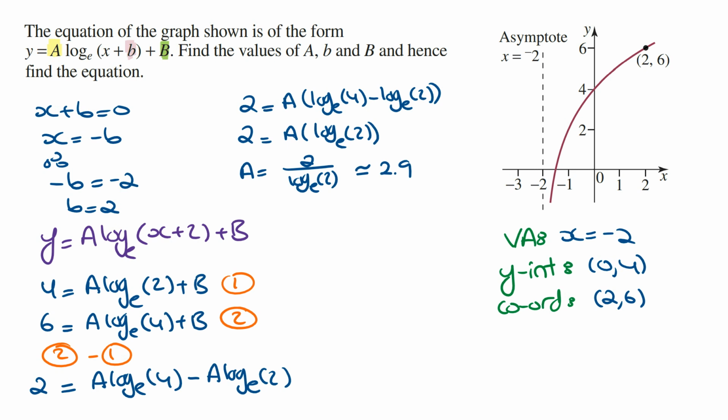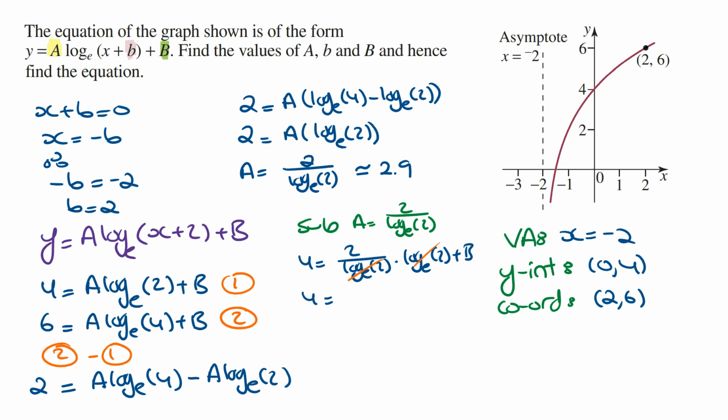Now that we have the value of A, we can substitute this back into either equation 1 or 2 and solve for the value of capital B. And so if we sub A is equal to 2 over log e 2 into equation 1, we're going to get 4 is equal to 2 divided by log e 2 times log e 2 plus B. The log e 2's will cancel out, and we're left with 4 is equal to 2 plus B. And solving for B, B is going to equal 2.